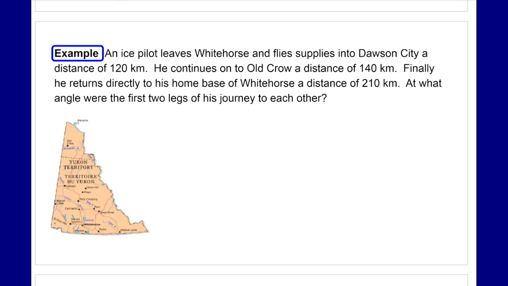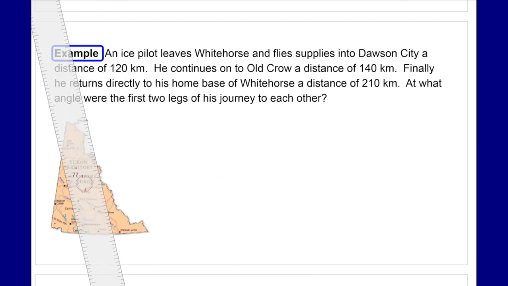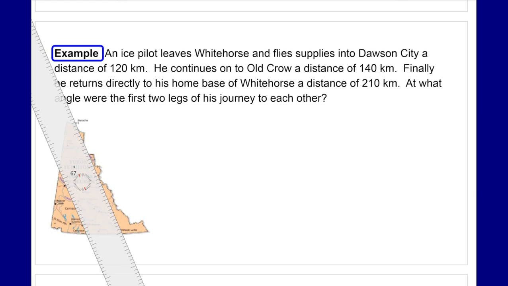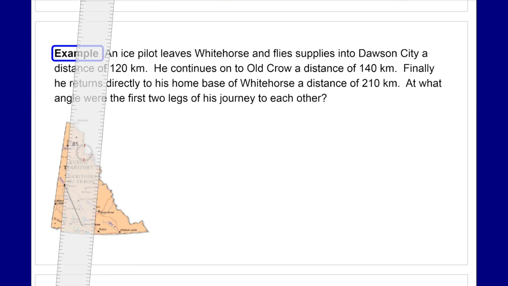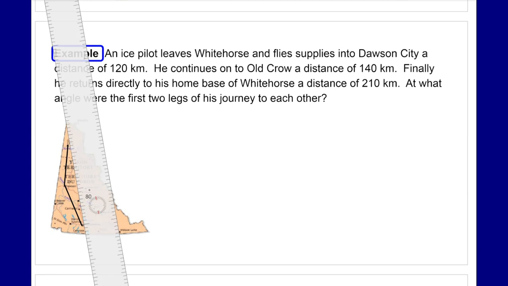So, if we want to draw this out, we have a little map of Yukon Territory here. So he starts at Whitehorse and flies to Dawson City. This might be a little hard to see, but he starts and does this trip. He then goes from Dawson City to Old Crow, and then from Old Crow he goes back home.